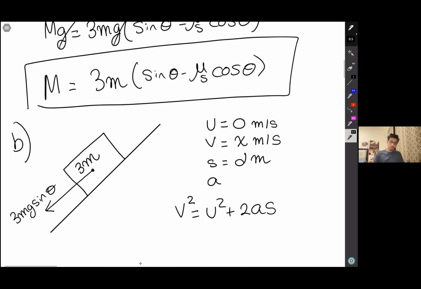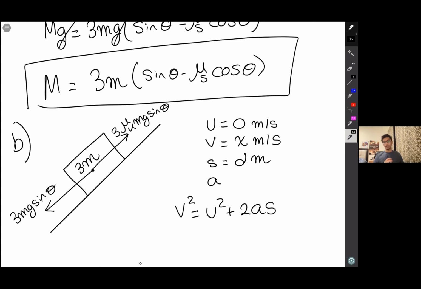However, we need to be careful. This friction is not just any friction. This friction is now kinetic friction because it's moving. So it's 3 mu k mg cos theta. It's no more mu s because the frictional force is now less than the force of gravity acting downwards. We do not have any more tension because the string is now broken.